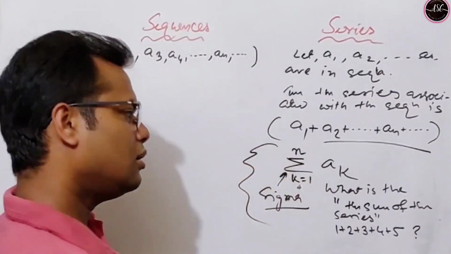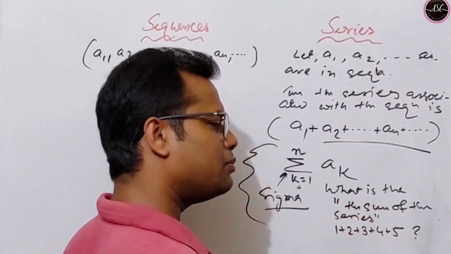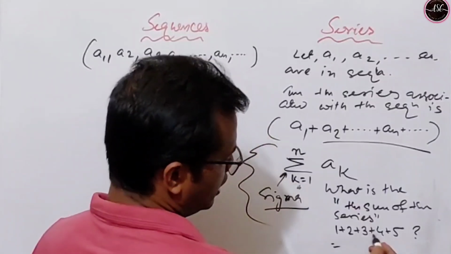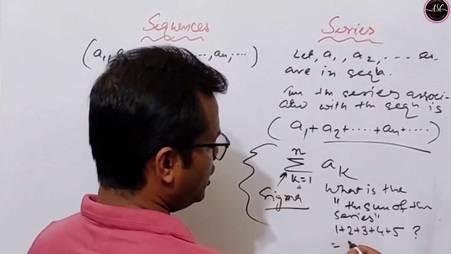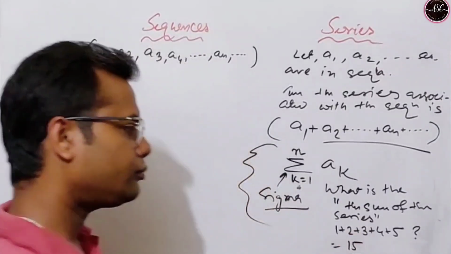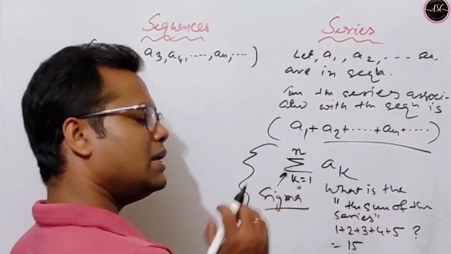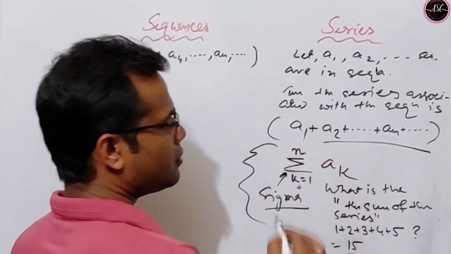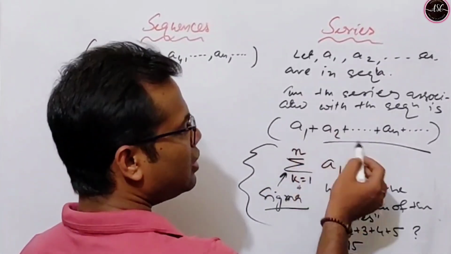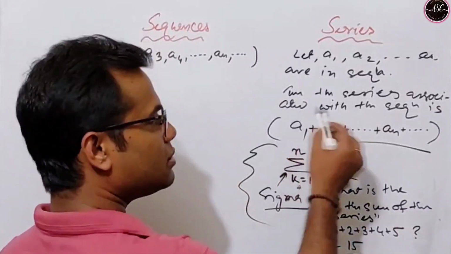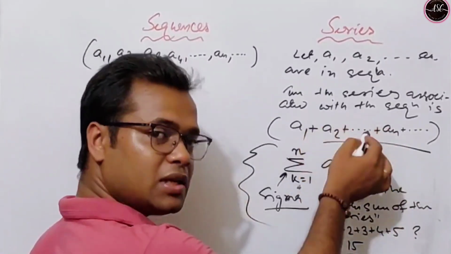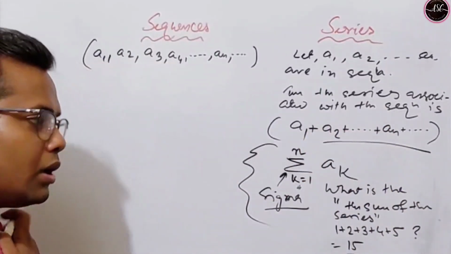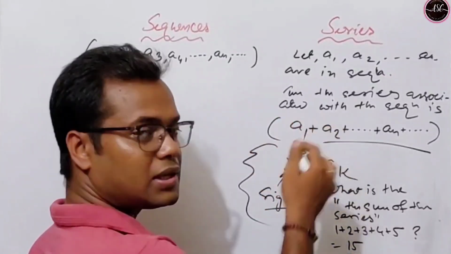Then we may say the sum of the series is equal to 15. Here it is not the sum of the particular terms; it is indicating the summation.